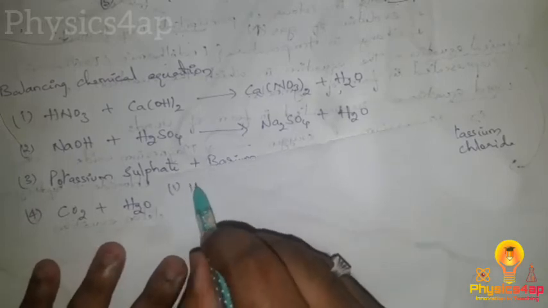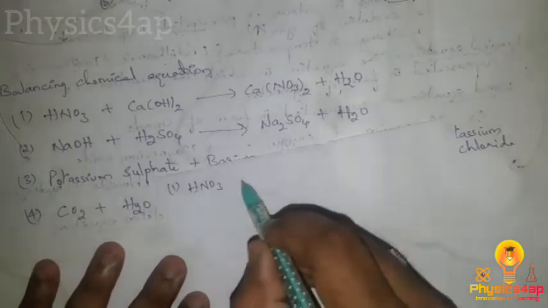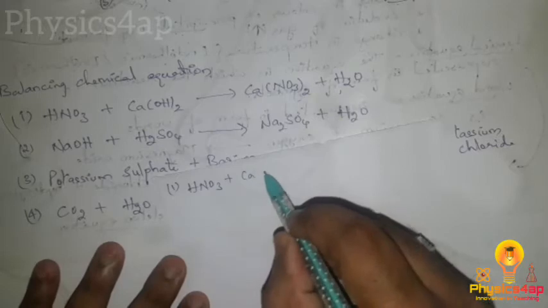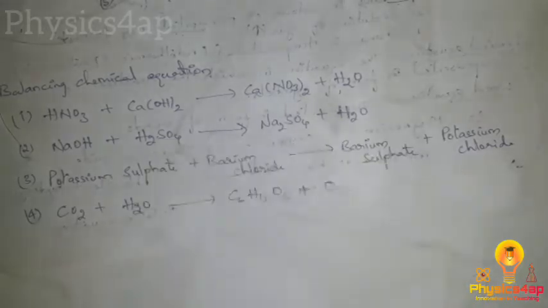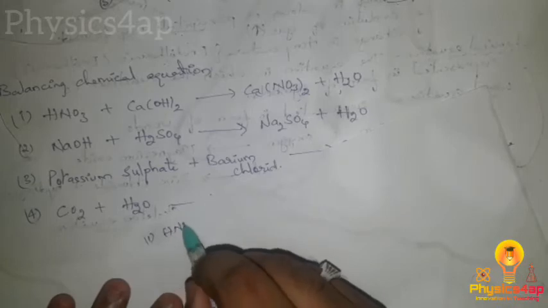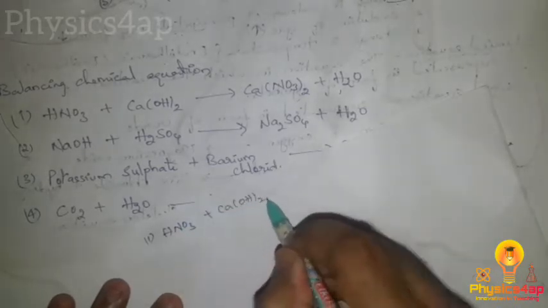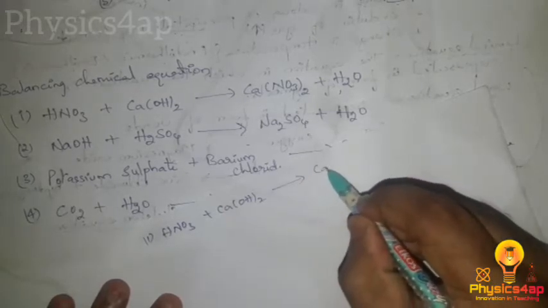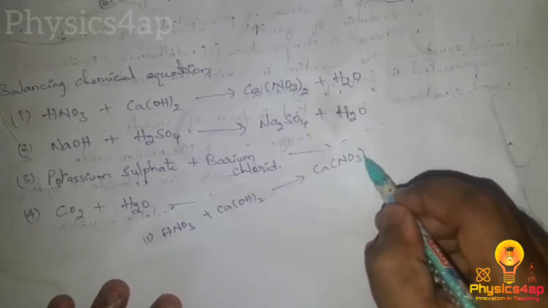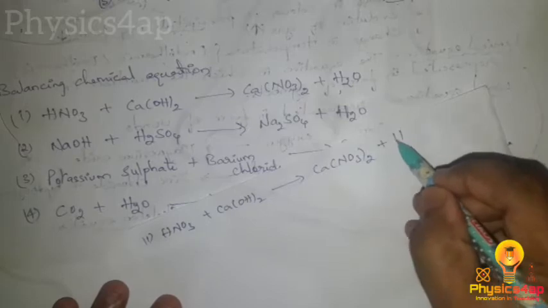HNO3 plus Ca(OH)2 gives rise to Ca(NO3)2 plus H2O, water is released. Now let us balance this equation.